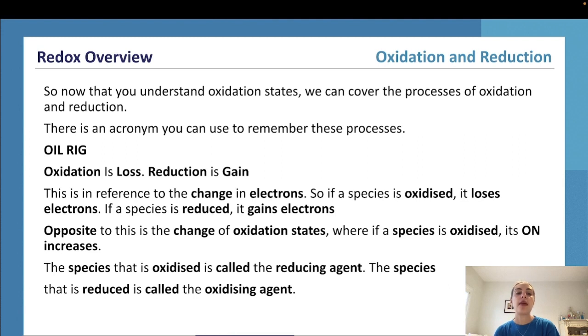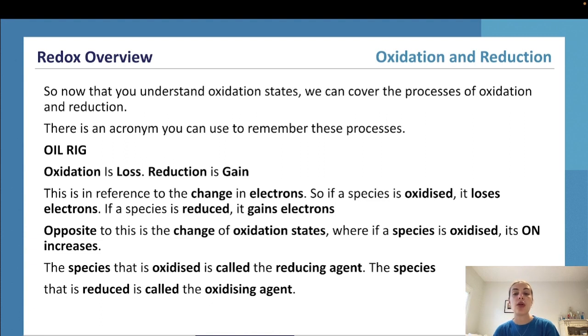These values, as I already mentioned, are referencing the change of electrons which occurs in a redox reaction. So if a species is oxidized, it loses electrons, whilst if it is reduced, it's going to gain electrons. And then opposite to this is a change of oxidation states.